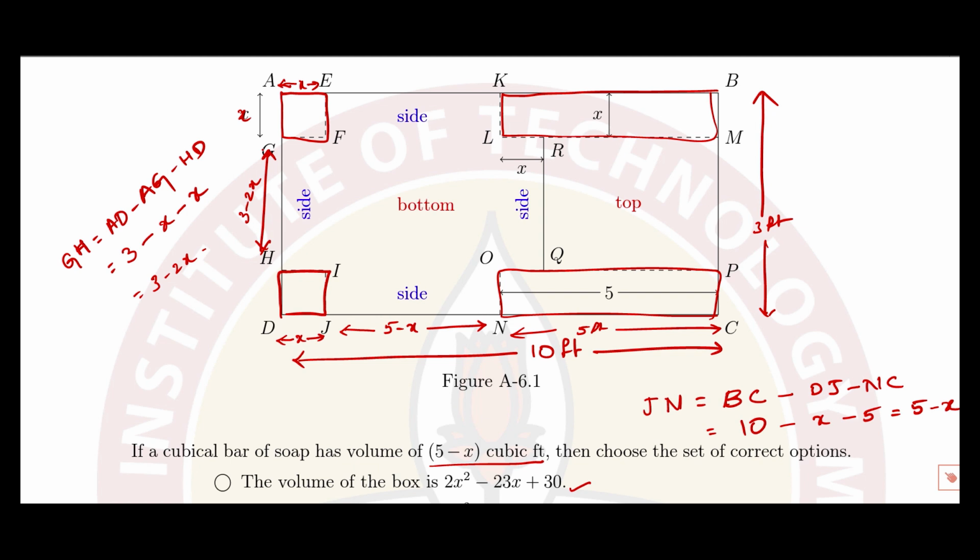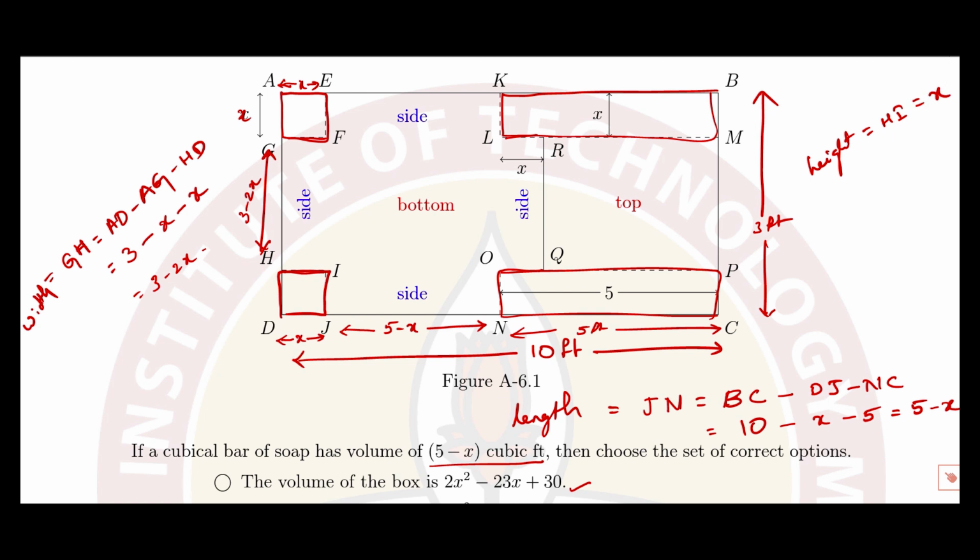So finally the height will be equal to HI or GF or LR or OQ, which is given as x. So this is our length, this is our width, and we have the height which is equal to HI, which is equal to x.